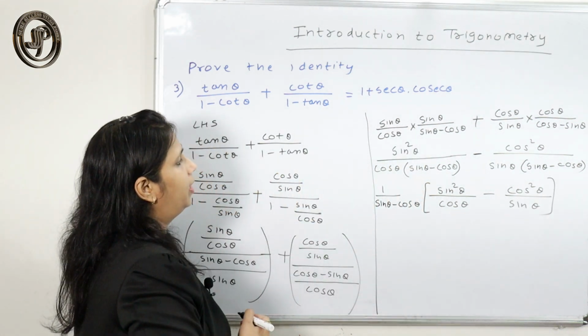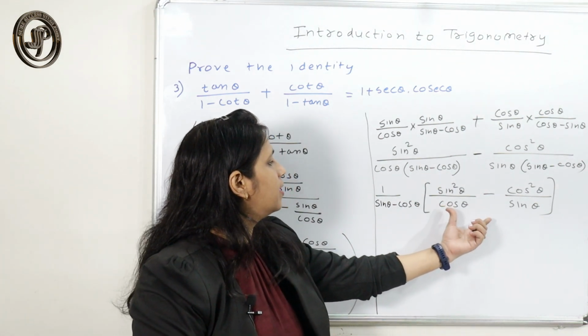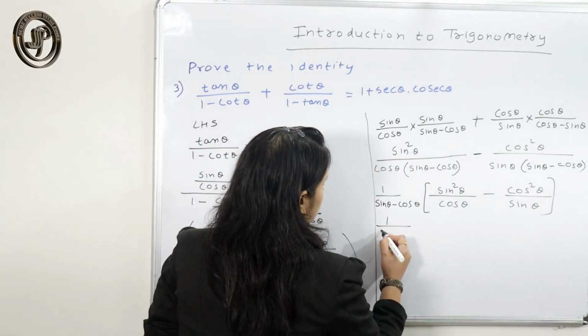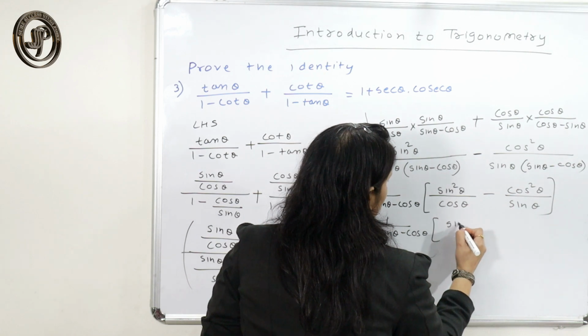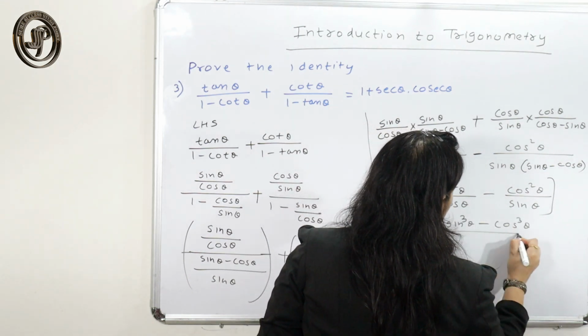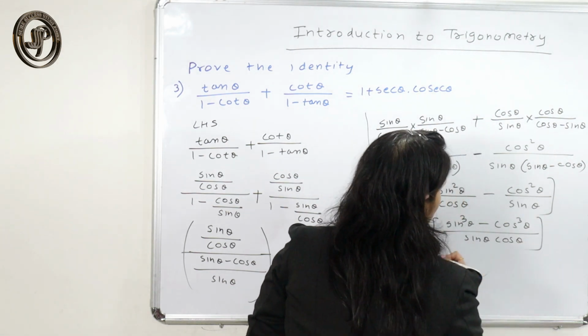So if I take this part out from the denominator, I will get this part. So further, how can I simplify this? This becomes sin cube theta minus cos cube theta upon sin theta cos theta.